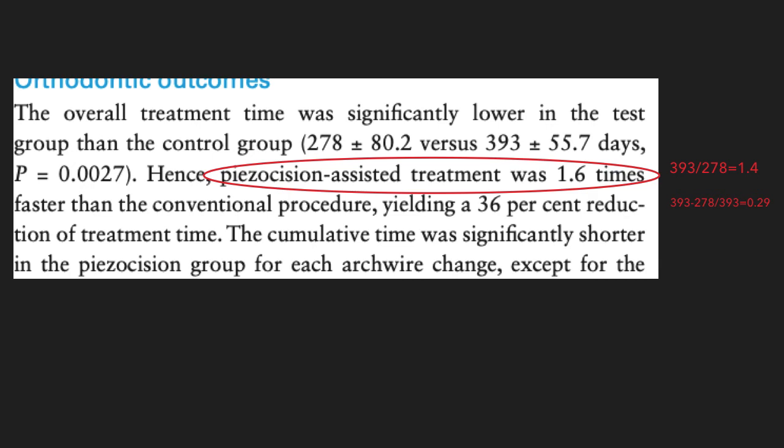If we calculate the acceleration, the authors wrote in the conclusion that the acceleration is a 36% reduction in treatment time, and we can calculate that: 393 subtract 278, and the result divided by 393, is 0.29. Then the reduction in the treatment time is 29%.